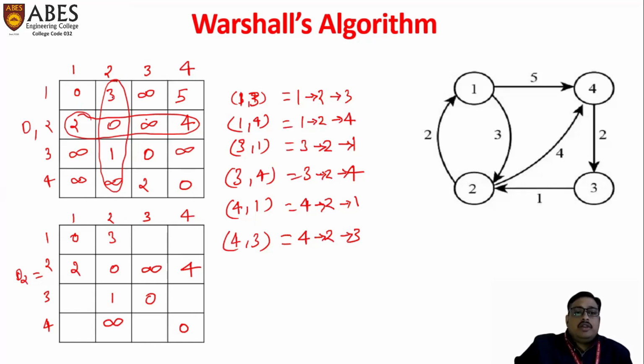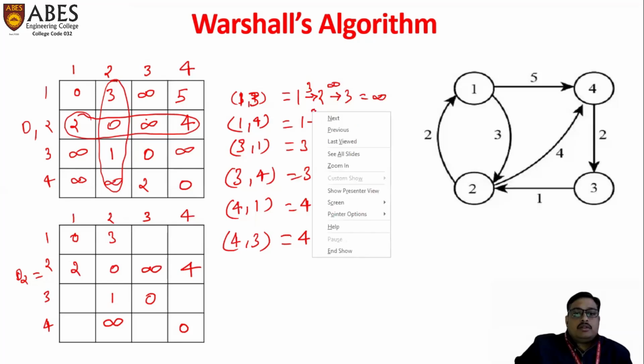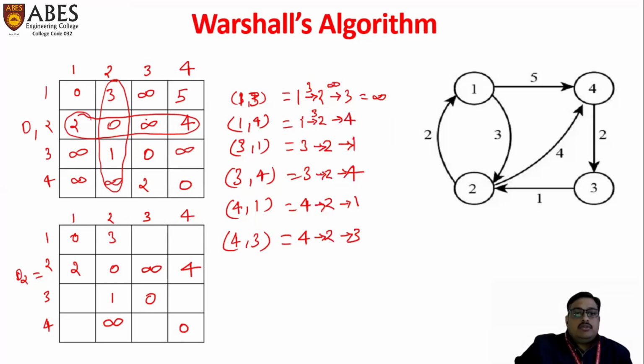So 1 to 2 we have 3, so we'll write 1 to 2 as cost 3, and 2 to 3 is infinity, so it will again be infinity. Now 1 to 2 is again 3, so we'll write 3 here, and 2 to 4 is 4, so we'll write 4.